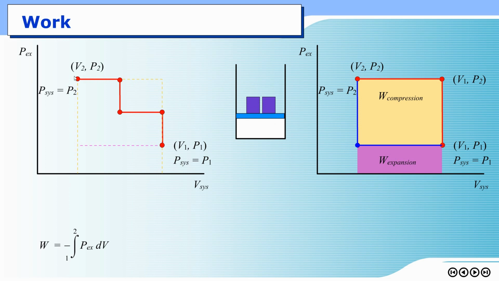Okay? Now you can see that the red line from this picture, compared to the red line that we derived earlier, we compress them from the same initial state to the same final state. But the way we compress it is different.